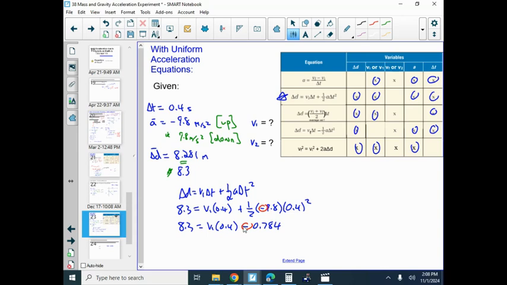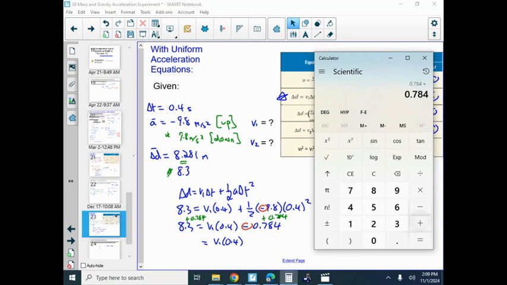So we are going to add that to both sides, giving us v1 times that 0.4. I could have written it as 0.4 v1, of course, but let's add that on to the 8.3. For a moment there, I was like, but it was negative. But no, we're adding to both sides, right? So we get 9.084.